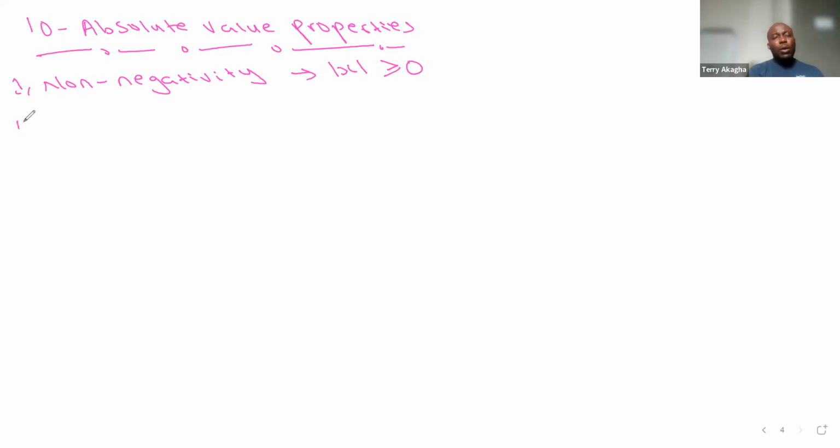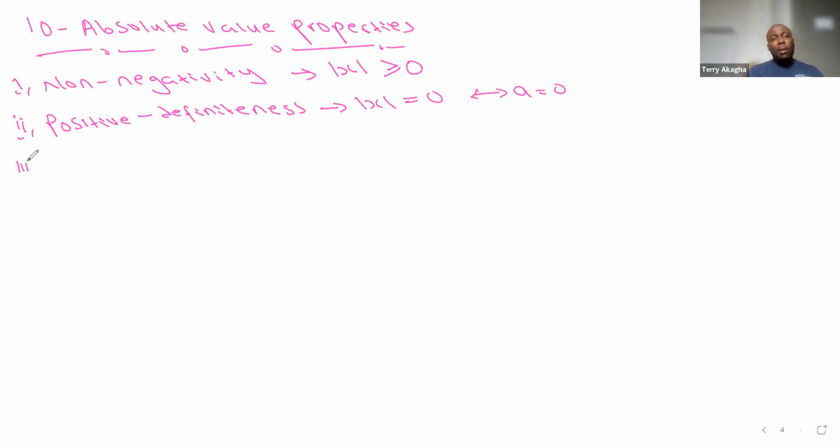Now the next one is what we call positive definiteness. So here we have |x| must always be equal to 0, so therefore we can now say x is equal to 0. Okay. So it's positive definiteness.